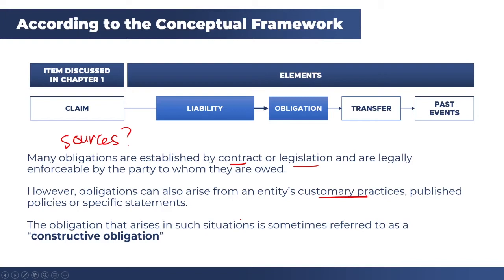The obligation that arises in such circumstances is sometimes referred to as constructive obligations, meaning, for example, if they already promised a bonus to the employees and it's customary for them to give a bonus, they should recognize a liability on those bonuses even if they have not yet paid them. So this is not legal, but it is customary, or it becomes a constructive obligation.